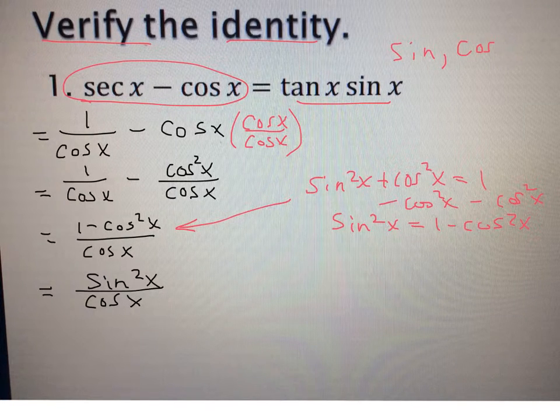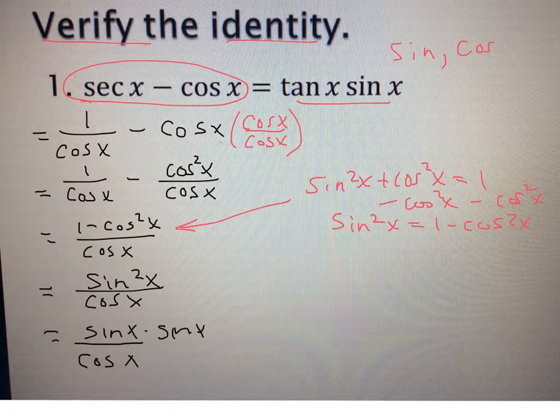And I'm going to just rewrite this a little bit differently. So sine of x times sine of x for cosine squared. And I'm going to think about this over cosine. And the reason why I did that is because I'm thinking, oh, this is equivalent to tangent of x.